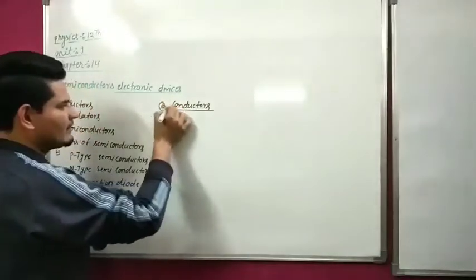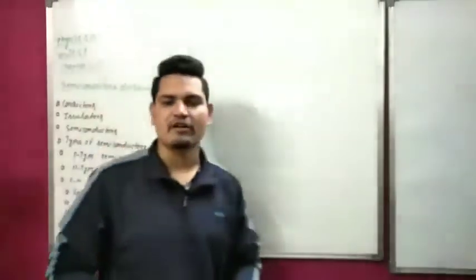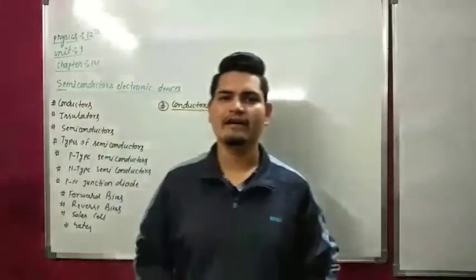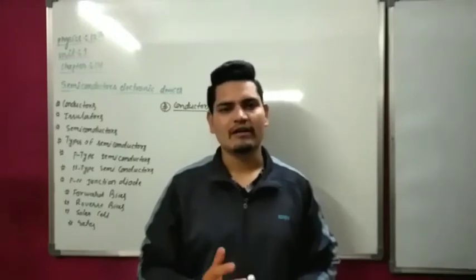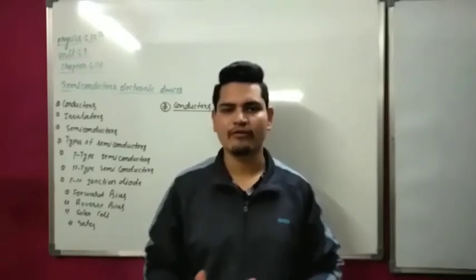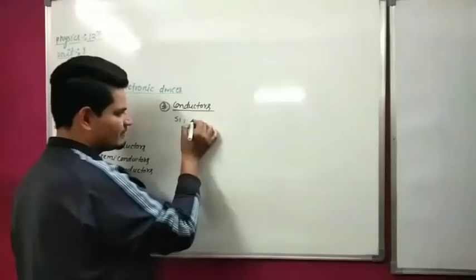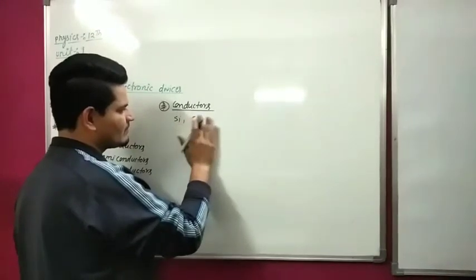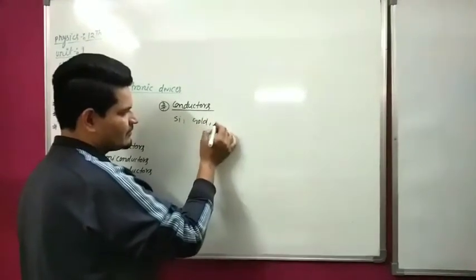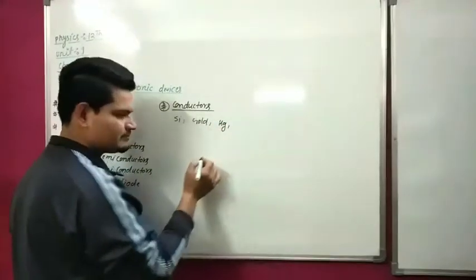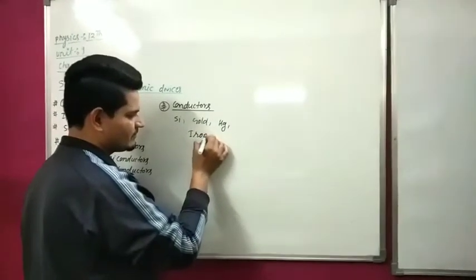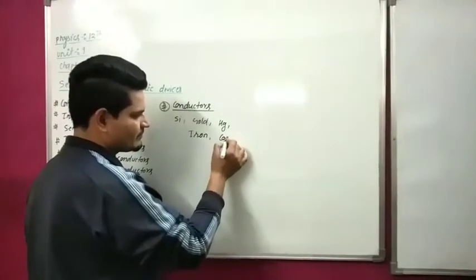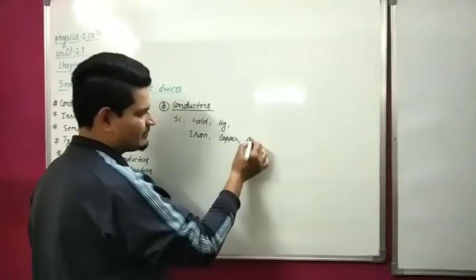We already know that conductors are the substances which allow the flow of current through them, like silver, gold, mercury, iron, copper, aluminium.